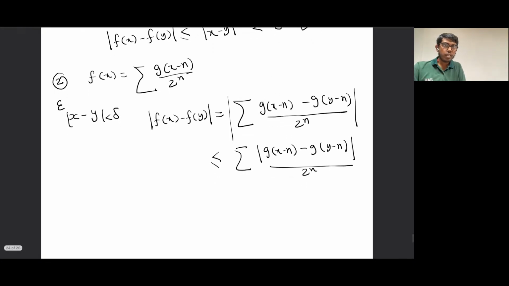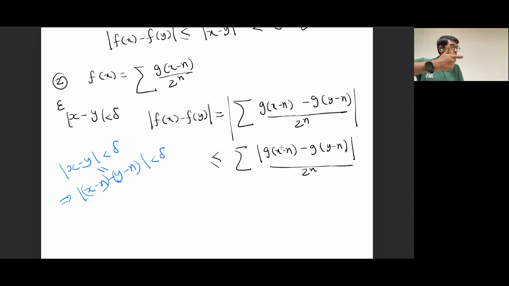See, if mod of x minus y is less than delta, then mod of x minus n minus y minus n is also less than delta, because these two are the same. And therefore, g is uniformly continuous, and hence this quantity is less than epsilon.